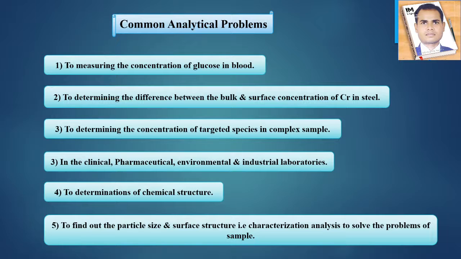The last one is to find out the particle size and surface structure, that is characterization analysis, to solve the problems of the sample. So it is very difficult to find out the particle size, okay, and the surface structure, during this characterization analysis.